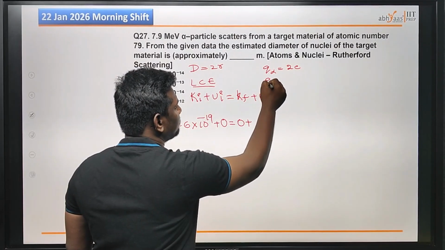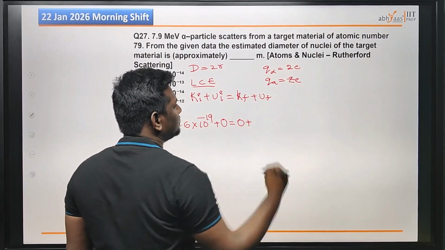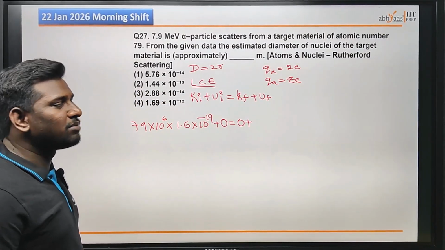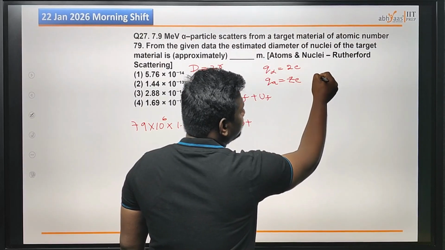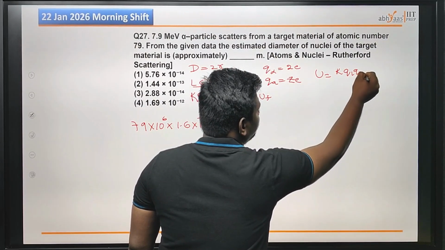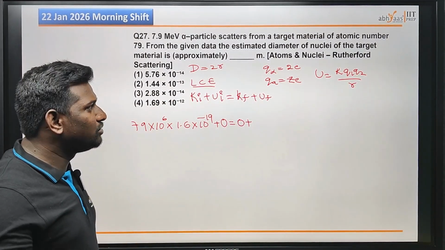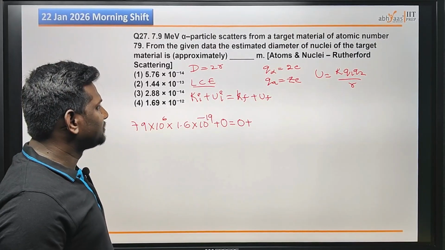Take it as Q2, Ze. We know the potential formula, V or U, whatever it may be, equal to K Q1 Q2 by R.